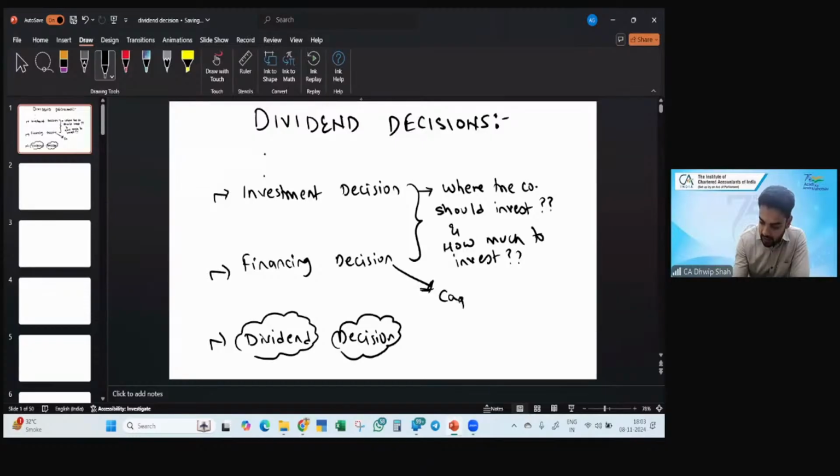The chapter here was capital structure, from which different sources the company should raise funds, and each source had its respective cost called cost of capital. Okay? So these two decisions are already done and covered.